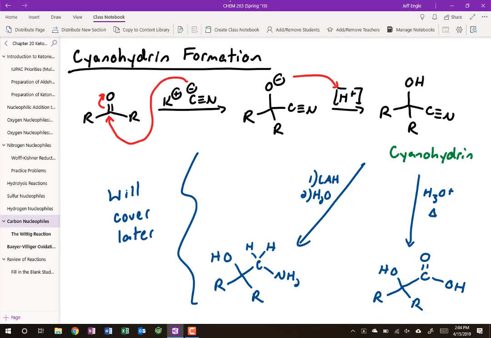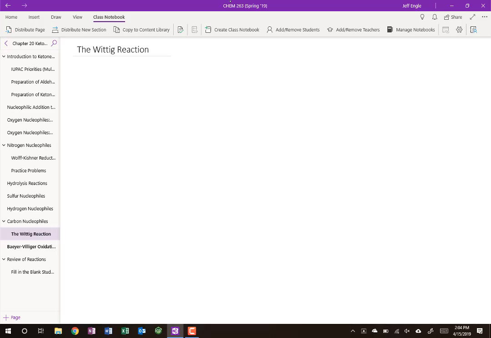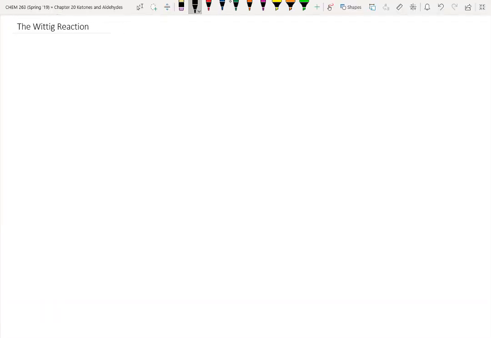The coolest one is a reaction called the Wittig reaction. So I'll really briefly show you the overview, and then we'll jump into the mechanism. This works with an aldehyde or a ketone, so let's make a note of that.